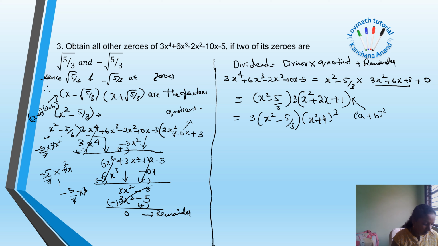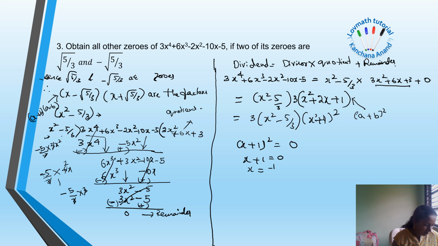Then therefore we already know that x^2 - 5/3 is a factor of this polynomial. Here we have got one more factor, (x + 1)^2, which is equal to 0. That means x + 1 is equal to 0, x is equal to -1.